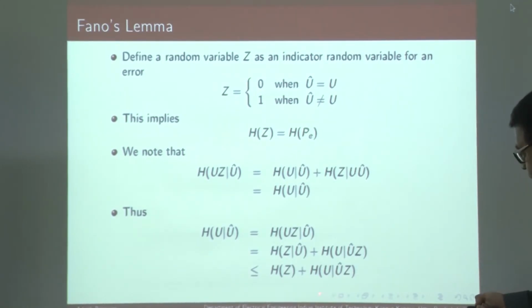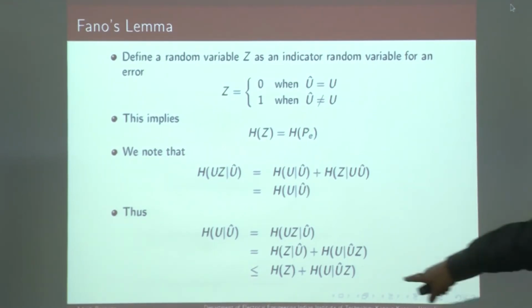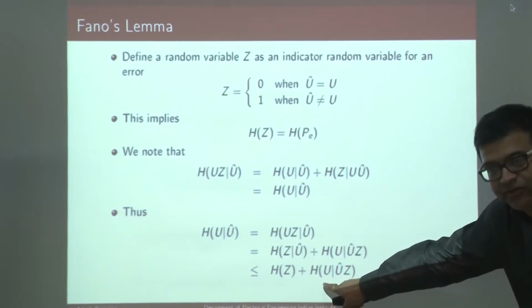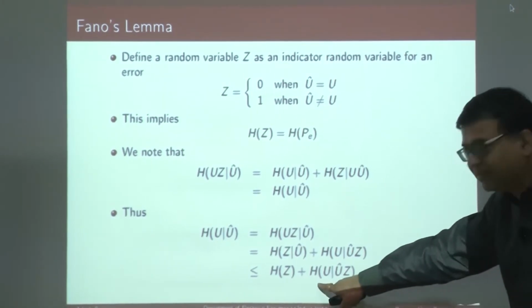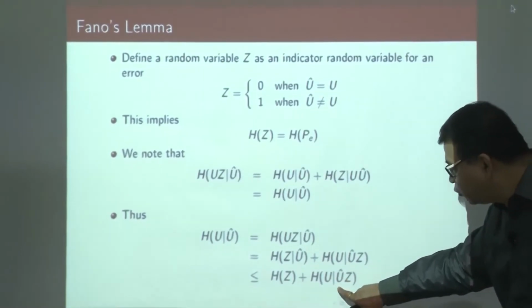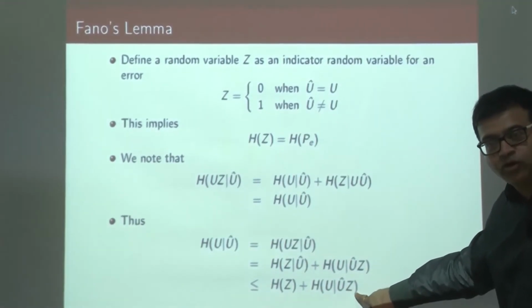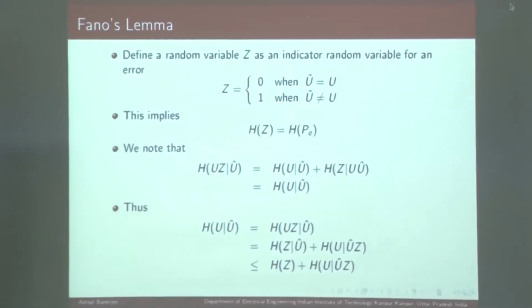Then how do I compute this? This will be nothing but probability of Z equal to 0 multiplied by the uncertainty in U given U hat and Z equal to 0 plus probability of Z equal to 1 into uncertainty in U given U hat and Z equal to 1. So, this is what I am going to do.